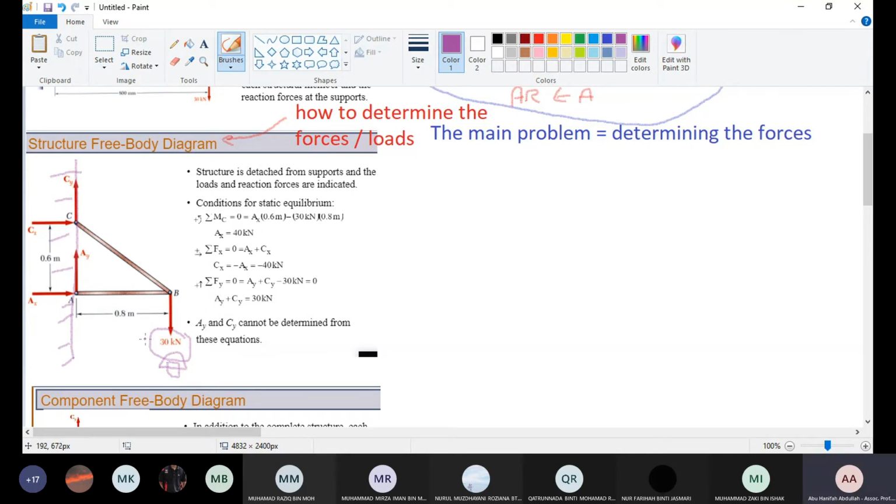Then the problem now, what will be the suitable material and sizes for the rod here and the rectangular beam? This is a circle. Circle we always refer to as rod. Rectangular we refer to as beam.